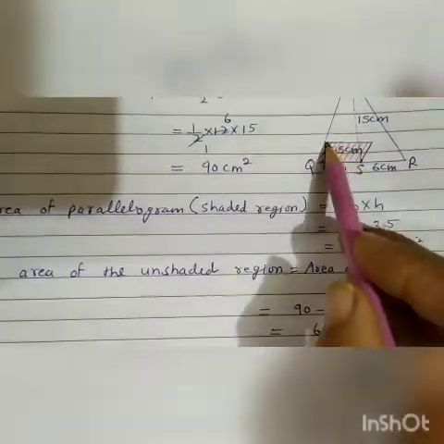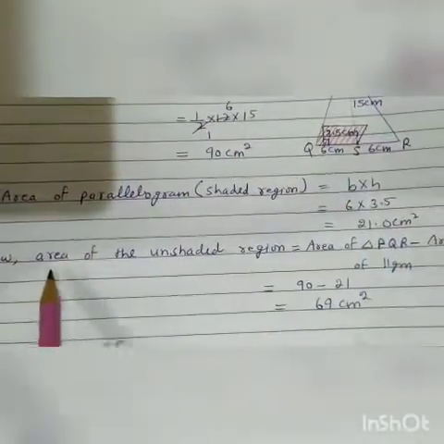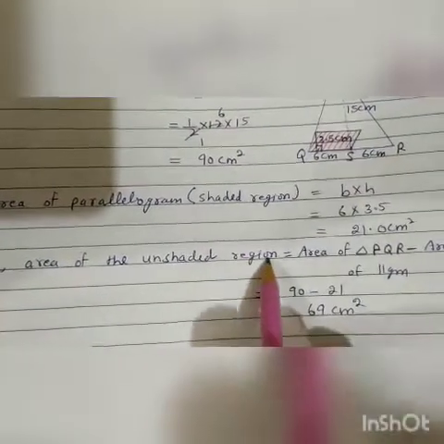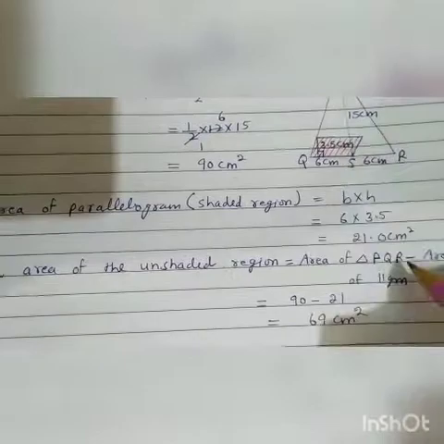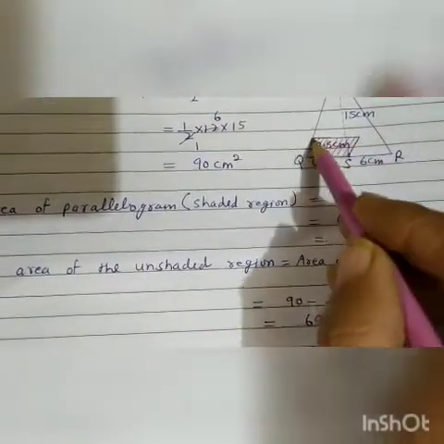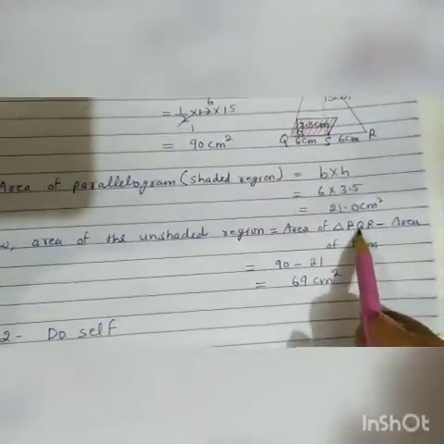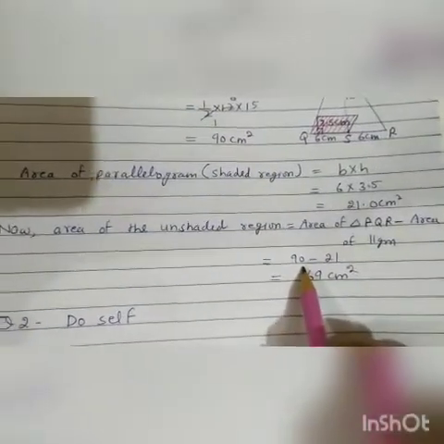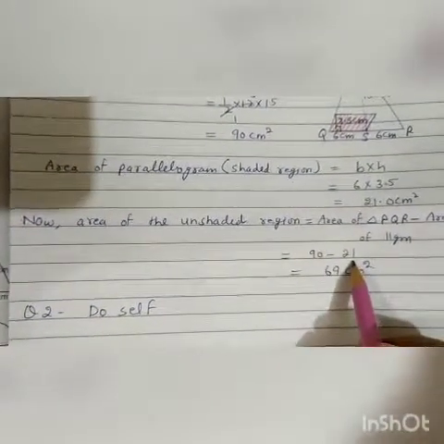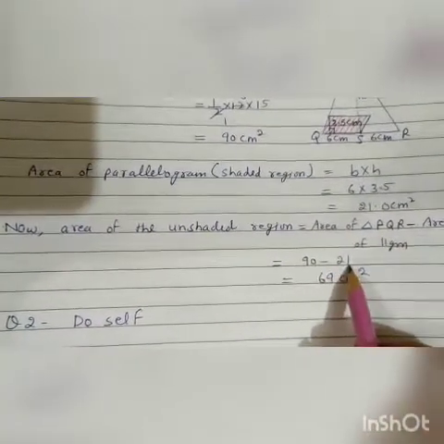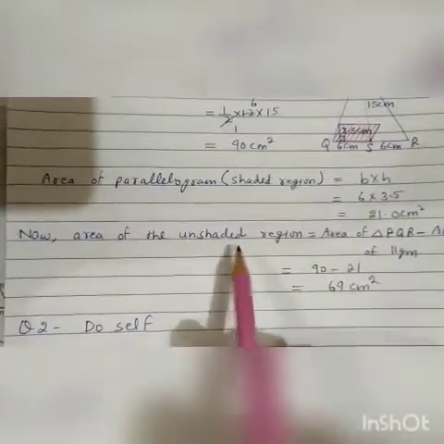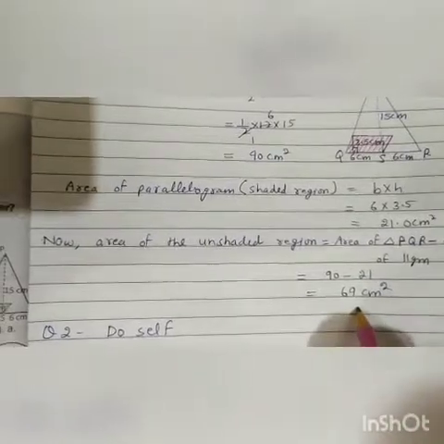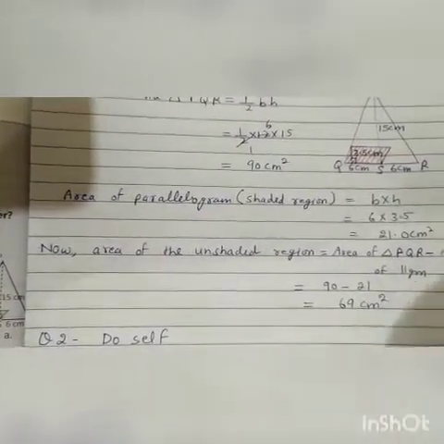This is the area of this parallelogram. Now area of the unshaded region is equal area of this triangle PQR minus area of this parallelogram. So area of triangle is 90 and area of parallelogram is 21. 90 minus 21 is equal 69 square centimeter. So area of the unshaded region is 69 square centimeter.